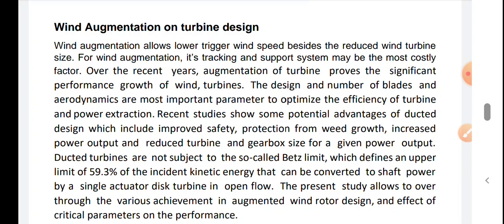The number of blades and the design and the aerodynamics, these all are very important parameters in the design of wind turbine, and basically these optimize the efficiency of turbine and also the extracted power.